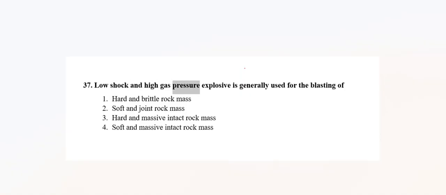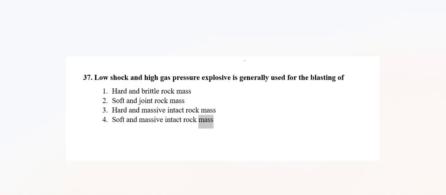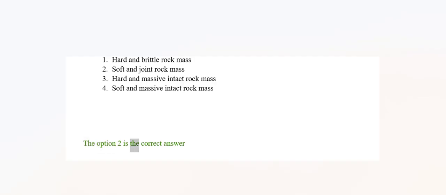37. Low shock and high gas pressure explosive is generally used for the blasting of hard and brittle rock mass, soft and jointed rock mass, hard and massive intact rock mass, soft and massive intact rock mass. The option 2 is the correct answer. 38.